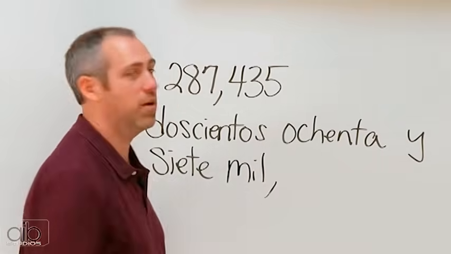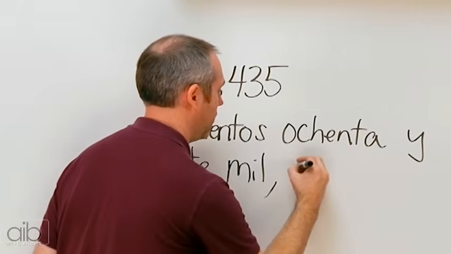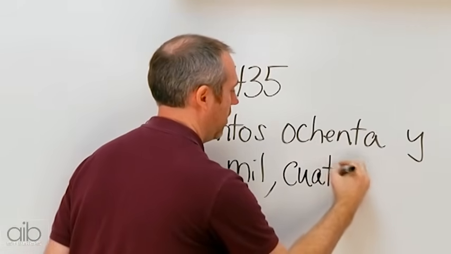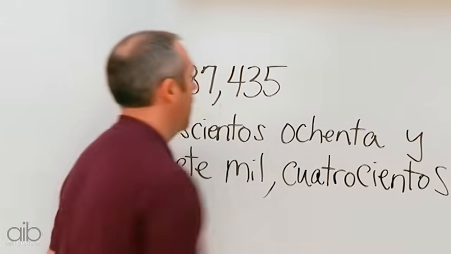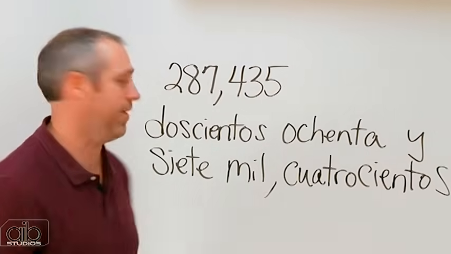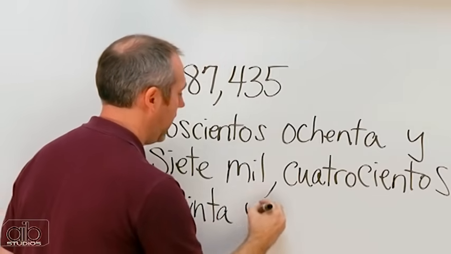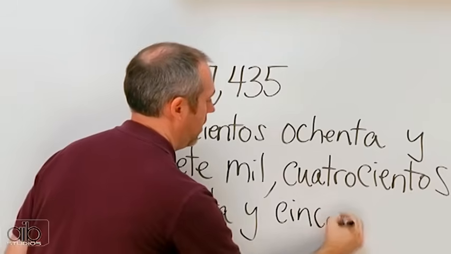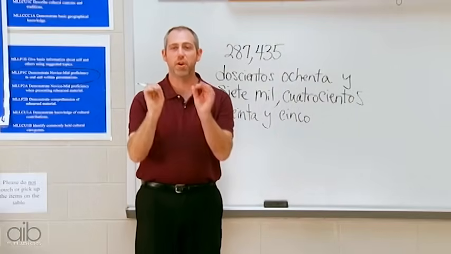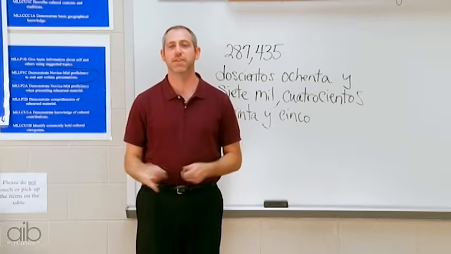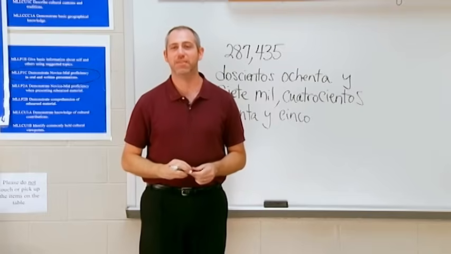Mil, now we put our comma in there. 400, 400. 30 and 5. 30 y 5. It's that easy. With a little bit of knowledge that we just covered, you guys can do any number you want. You can do millions. You can go as high as you want.